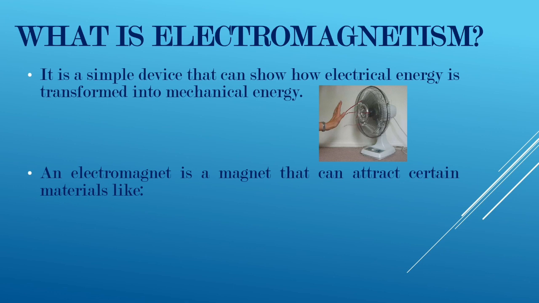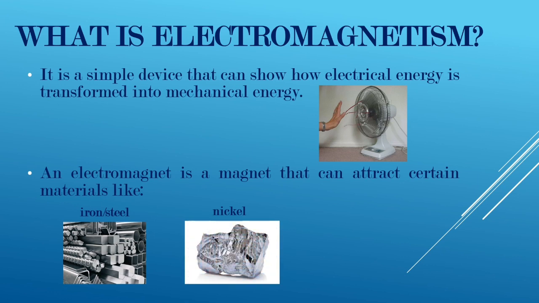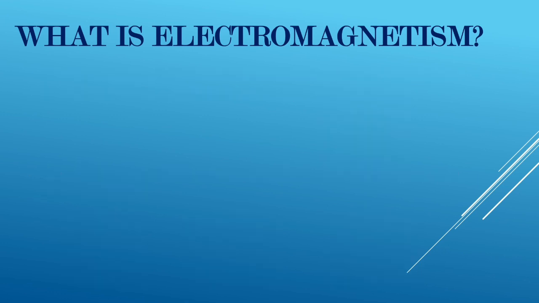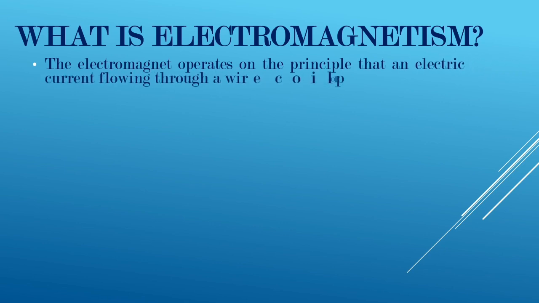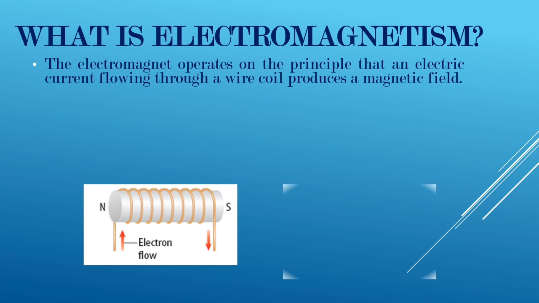An electromagnet is a magnet that can attract certain materials like iron or steel, nickel, and cobalt. The electromagnet operates on the principle that an electric current flowing through a wire coil produces a magnetic field.